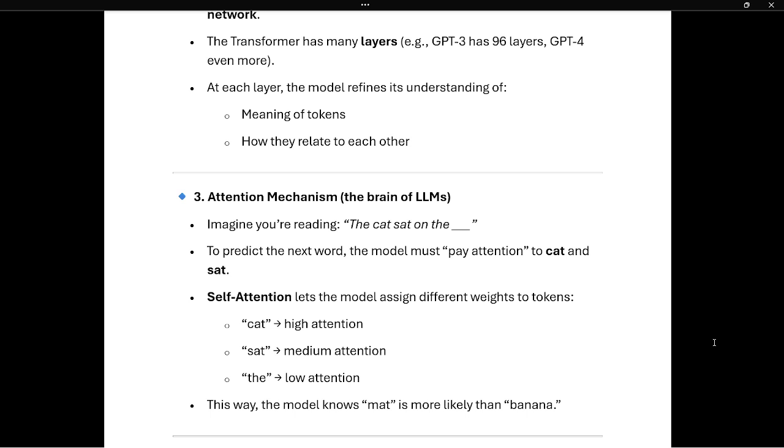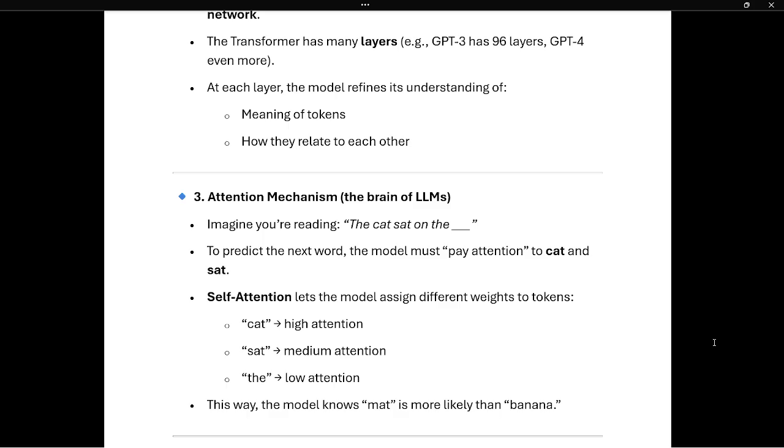To predict the next word, you have to pay more attention to the previous words. That is called self-attention. Self-attention lets the model assign different weights to tokens. So "the" has low attention, while "cat" and "sat" have more attention.